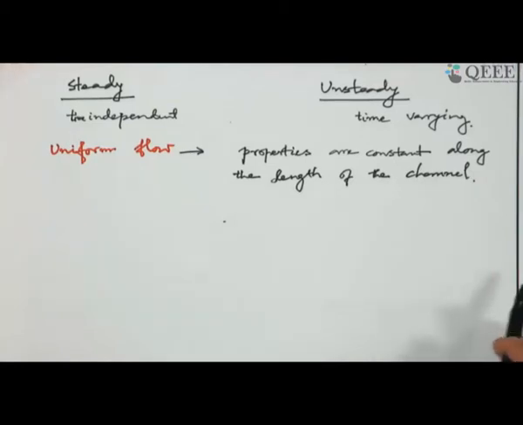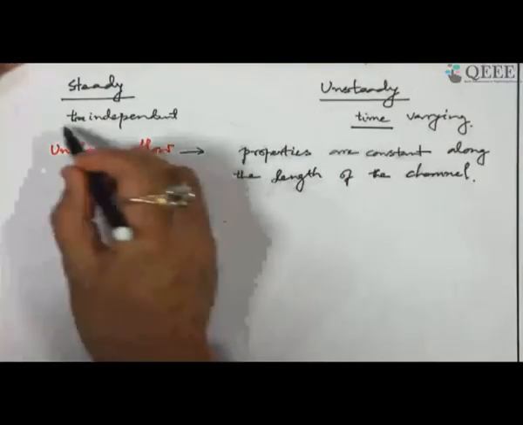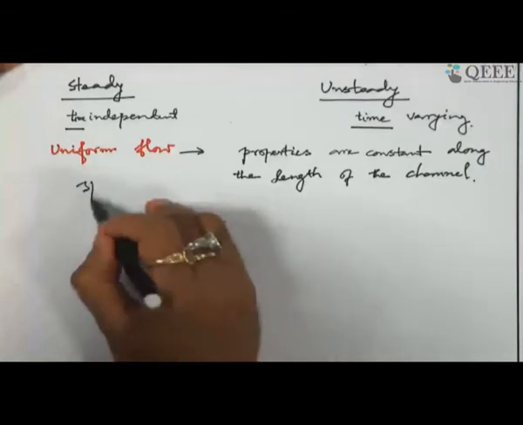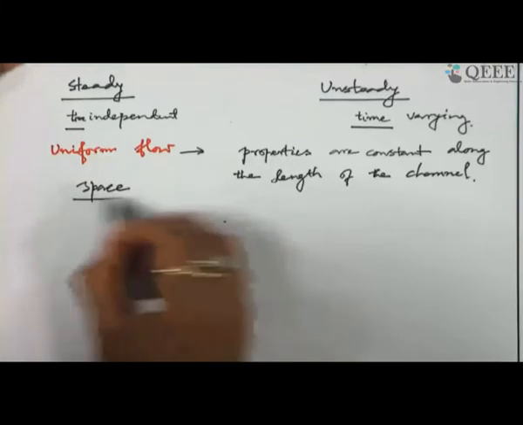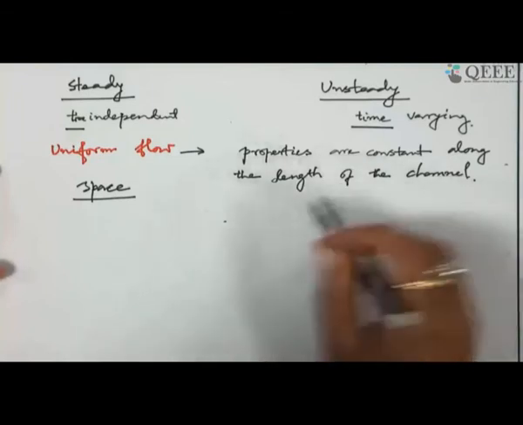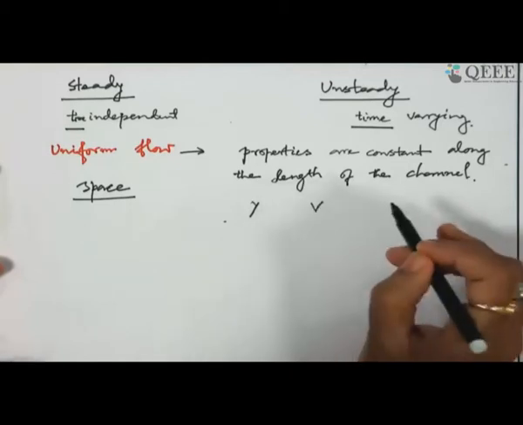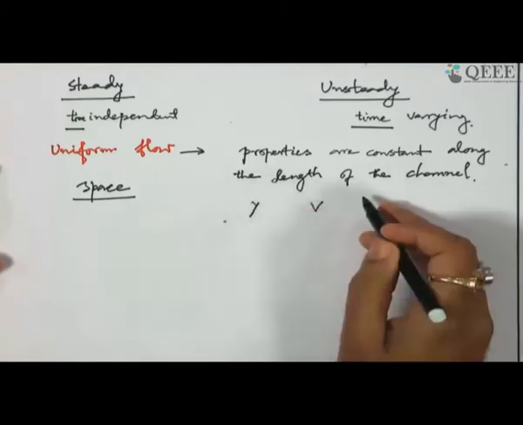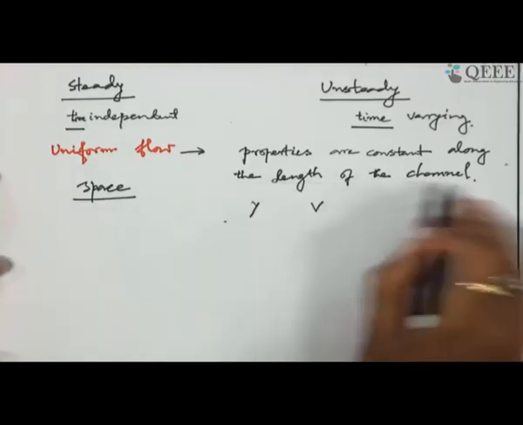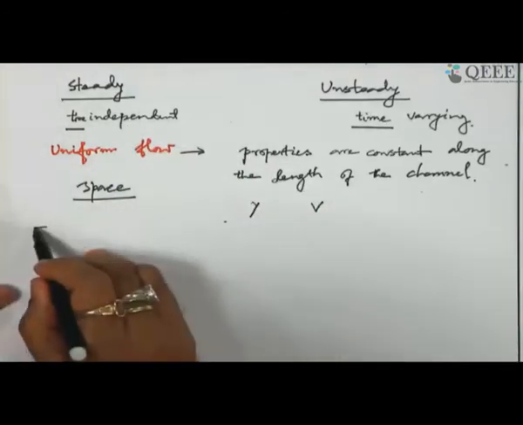That means, in steady and unsteady cases we are talking about the time concept, and in uniform flow we are introducing the space concept. So, in this case, properties are constant along the length of the channel. Properties can be depth of flow, maybe velocity. These quantities are not changing with the length of the channel.